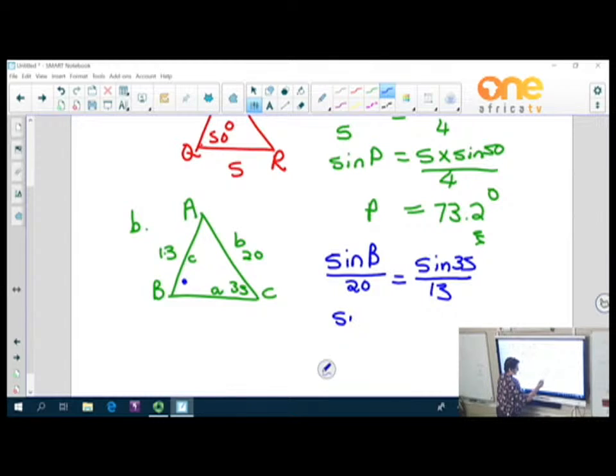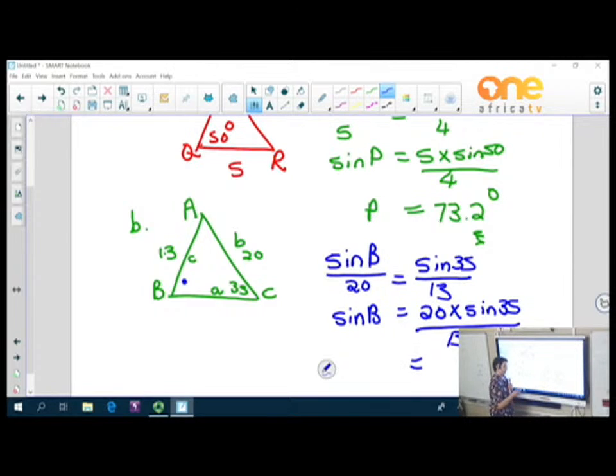So you want sine B, so this is going to be 20 times sine 35 divide by 13, and again, this is the angle that you want to calculate, so this is a second function, sine, brackets, another bracket, 20 times sine 35, close your bracket, divide by 13, close, and I got 61.9 degrees. Good, very good.